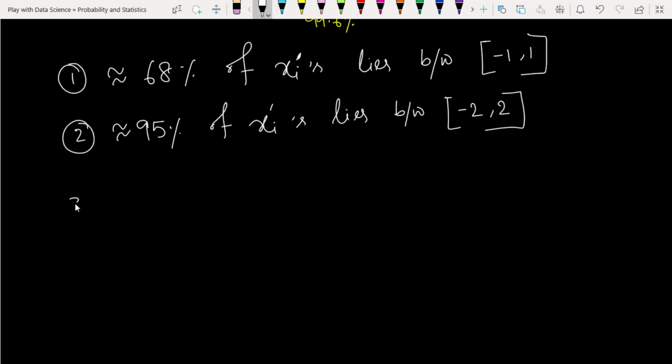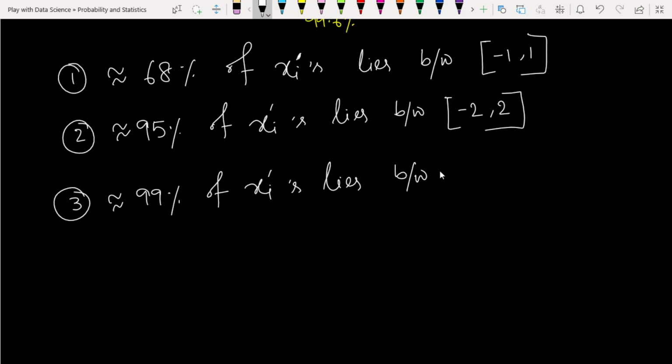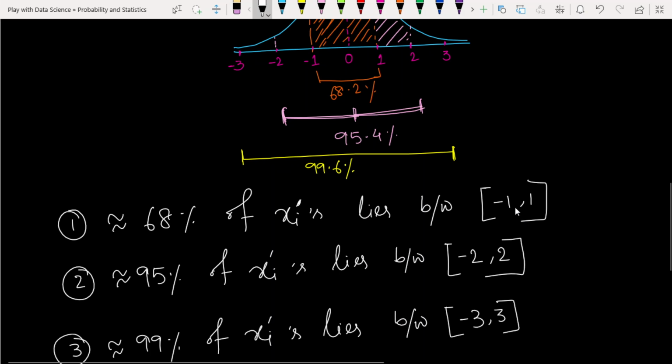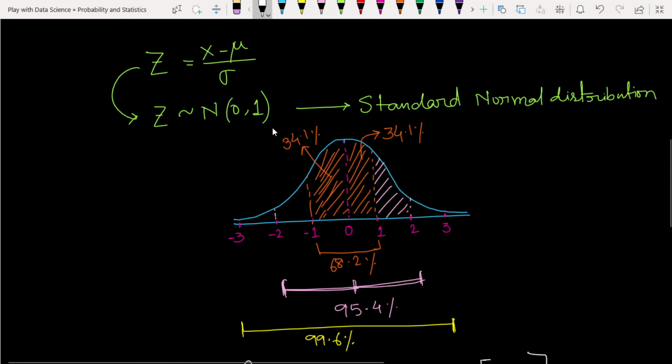And the third observation is that approximately 99% of the points of xi dashed lie within the third standard deviation. So we have not calculated 1 sigma, 2 sigma, 3 sigma. We have not calculated what the standard deviation and the variation are. Those things we did not have to calculate.